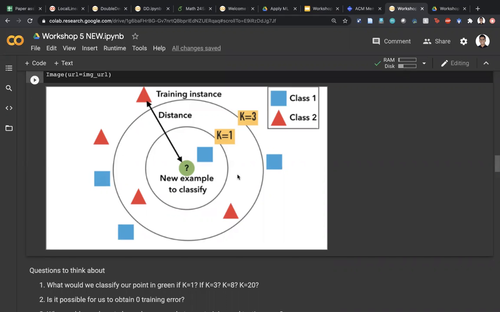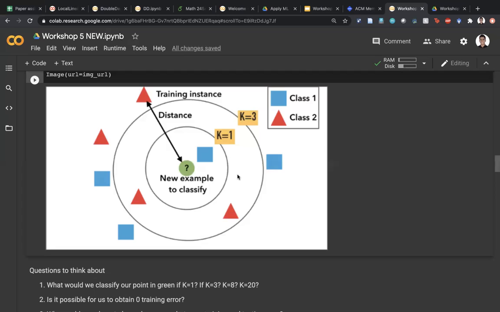In general, you might have any number of classes, so you don't really care as much about whether K is even or odd. Maybe a smart choice would be to have K be some kind of prime number. But in practice, if you have a tie, you can just break the tie based on which neighbors are closer. Or you can just arbitrarily decide that if 3 out of 6 neighbors are in one particular class, you can predict either A or B depending on your preference.